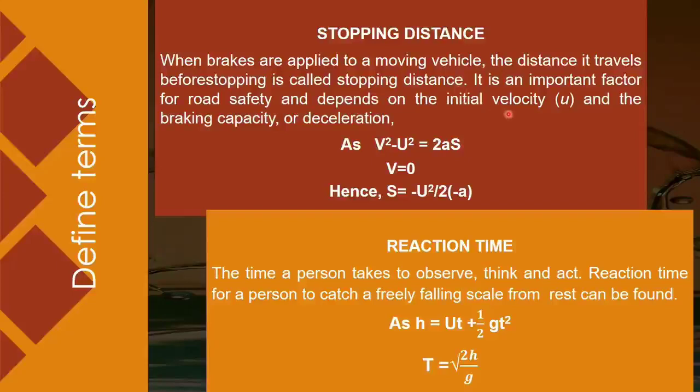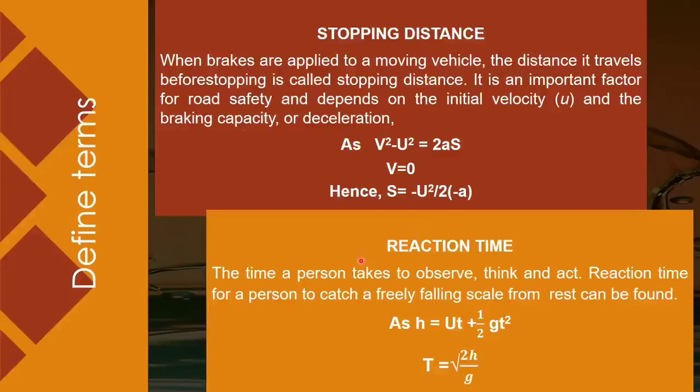Of course, it depends upon with what velocity you are moving. If you are moving with less velocity, then stopping distance will be less. If you are moving with high velocity, then of course the stopping distance will be more. And of course it depends upon the braking capacity also, how good the brakes of the vehicle are, whether they stop immediately or move some distance.